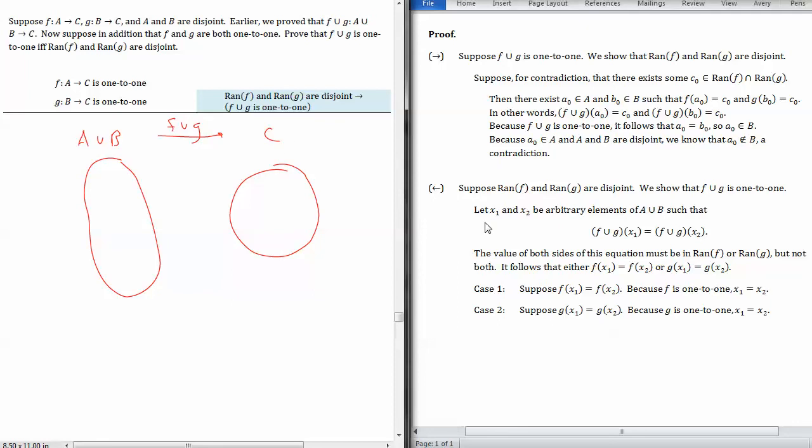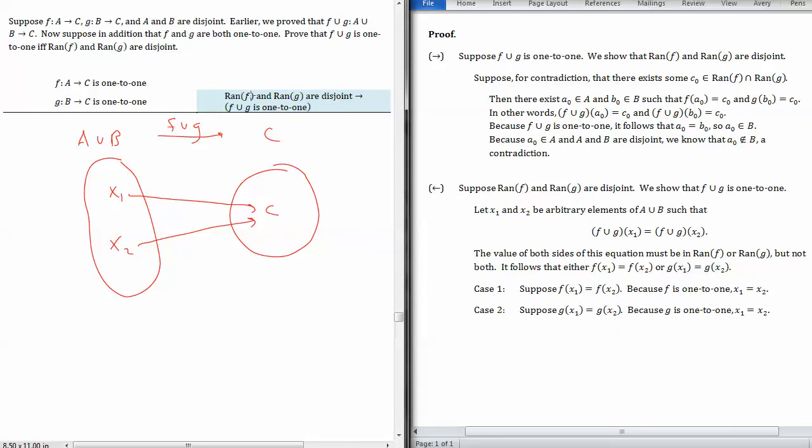Okay, good. And so to show this is one-to-one, which is my goal, I'm going to suppose I have a couple elements, x1 and x2, in the domain, and I'm going to suppose that they map to the same thing. Maybe I'll call it C. And then from that I have to show that x1 and x2 are equal.